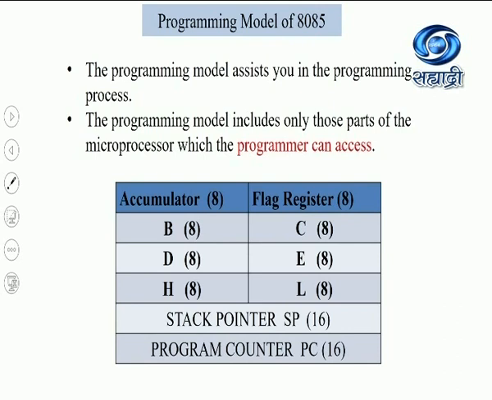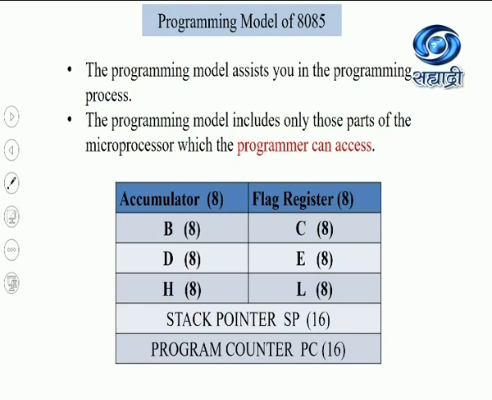In the block diagram of 8085, there are various blocks: ALU, instruction register, instruction decoder, accumulator, flag register, timing and control unit, then the register section, stack pointer, program counter, then address bus, data bus, then serial IO control, interrupt control.